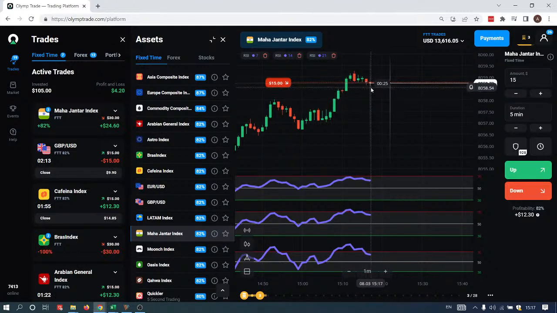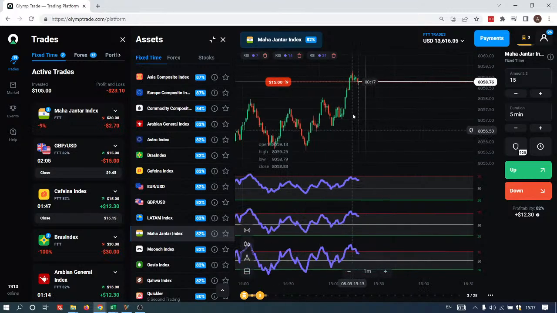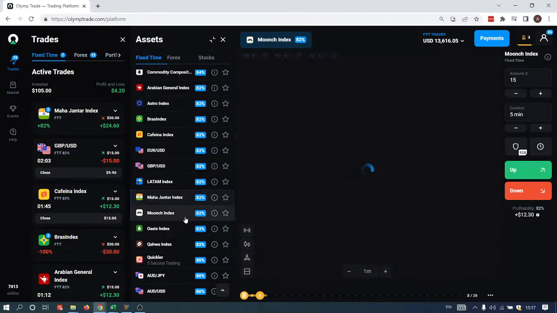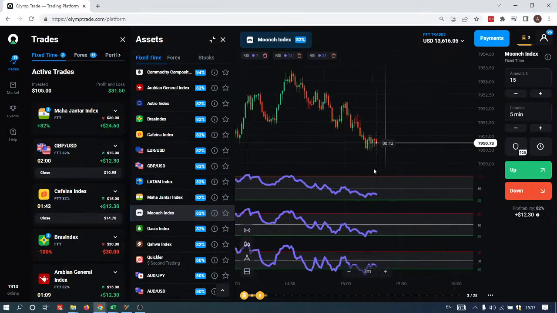But generally speaking, yes, here the signals are overbought, overbought, overbought. So we can press and open a trade.